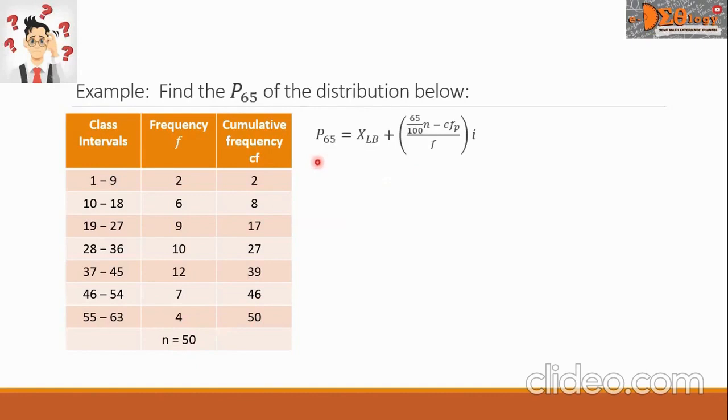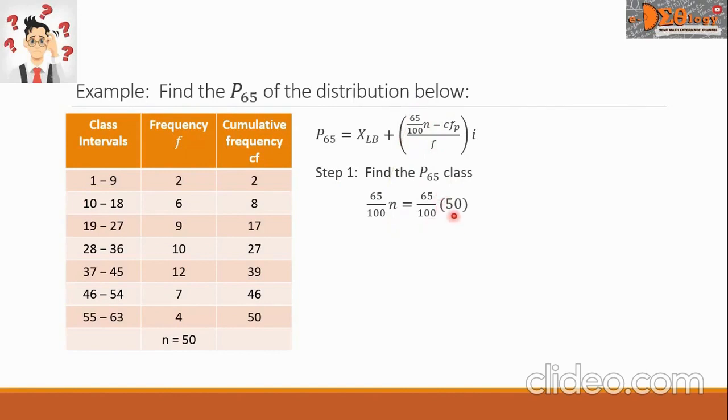Let us now write the formula for the 65th percentile. We can see here that this is 65 over 100, representing the 65% of the distribution. For step 1, let us find the P sub 65 class. Getting this value here, let us substitute the value for the N. So this is now 65 over 100 times 50.